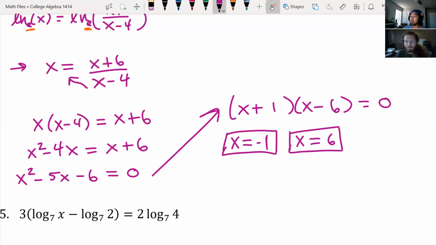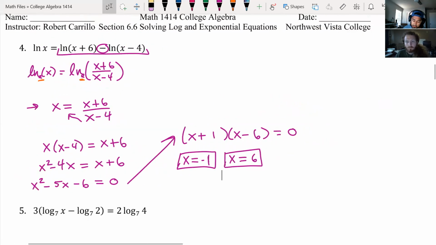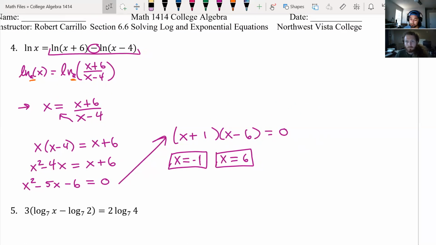But again, do they both work? Does one work, or do none work? So you can definitely check your work again. Let's go ahead and check both.